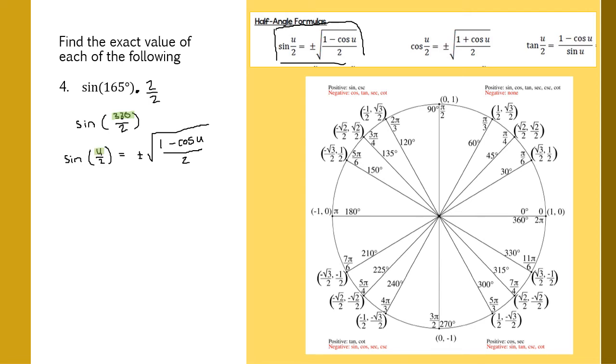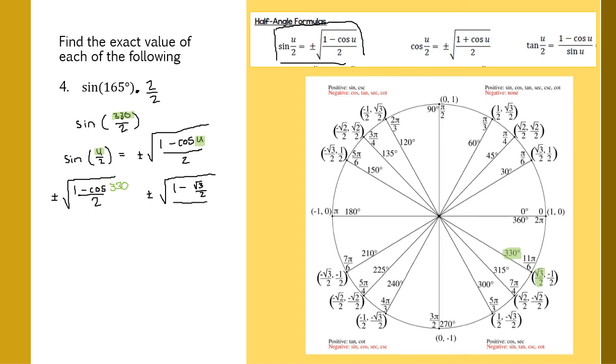So the sine of 330 over 2 will be plus or minus the square root of 1 minus the cosine of 330, and then that's going to get divided by 2. So finding 330 on the unit circle is right here, and the cosine is the x-coordinate. That is going to be root 3 over 2. So this becomes plus or minus the square root of 1 minus root 3 over 2.